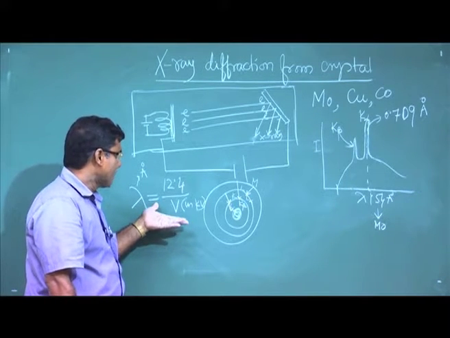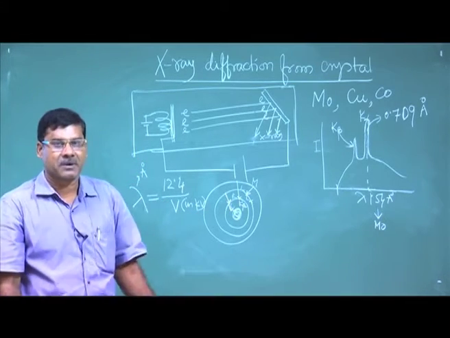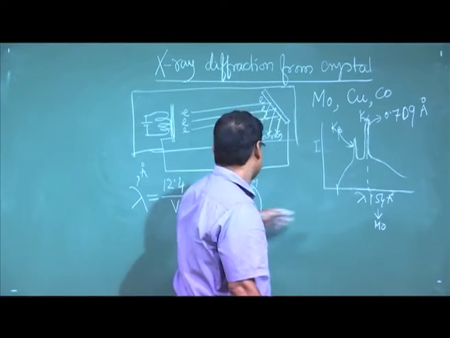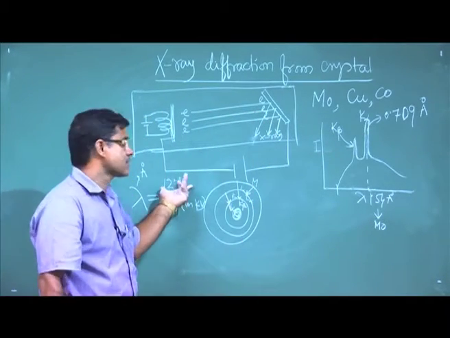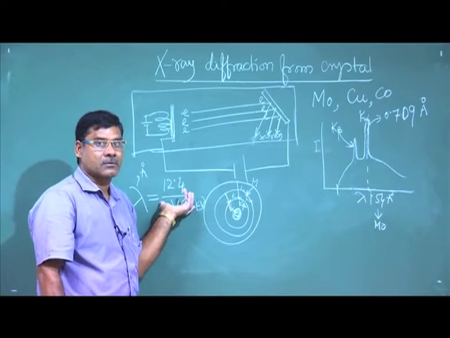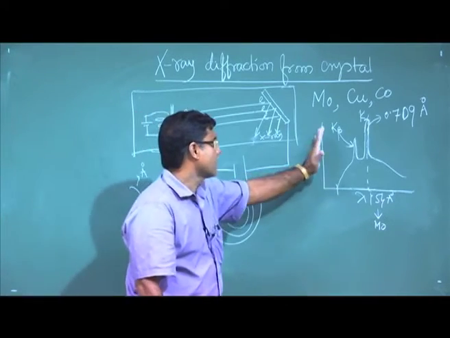So to get the minimum wavelength, one can estimate the voltage required. But the characteristic X-ray wavelength does not depend on the voltage. What depends on the voltage? Its intensity.